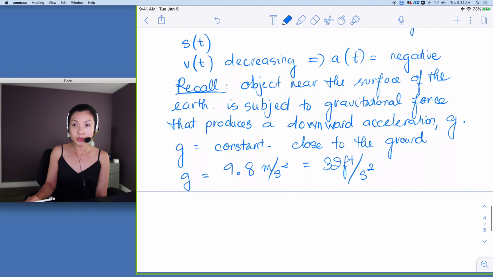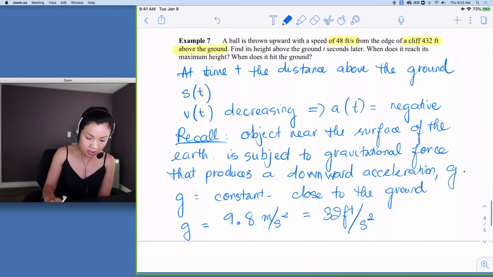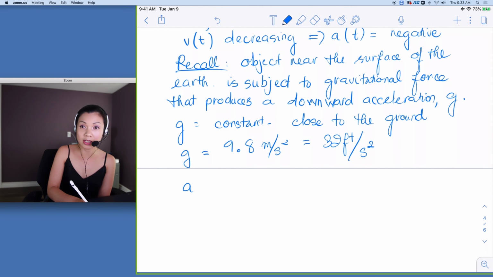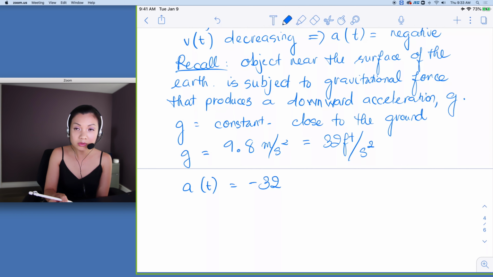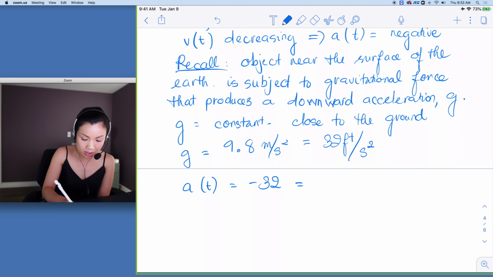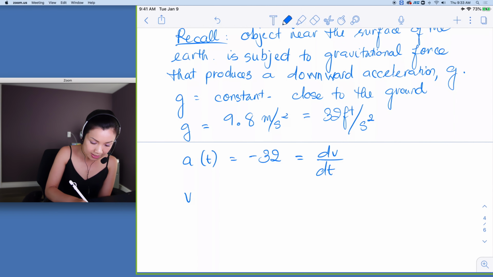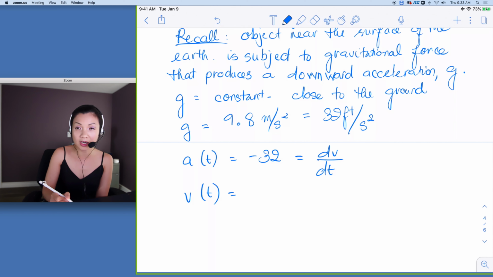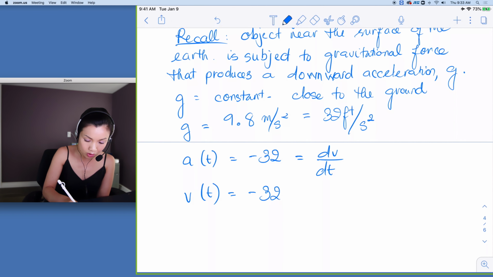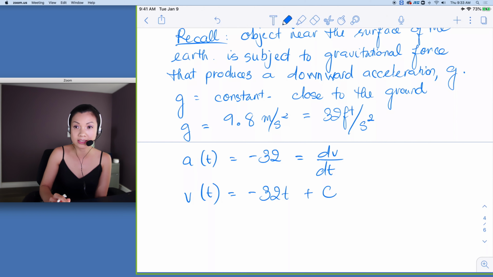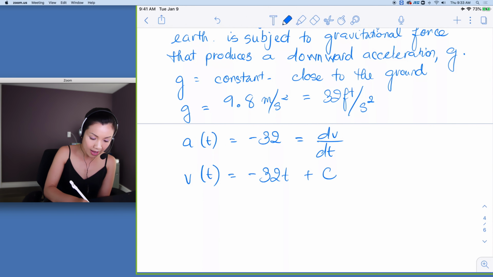Okay, so what do we have now? Don't forget, earlier we mentioned that the acceleration is a negative number. Now, don't forget acceleration is the derivative of the velocity, which is dv over dt. So we're going to take the antiderivative to find v of t, which is -32t plus a constant. Now, we're going to use the fact that v of 0 is 48.